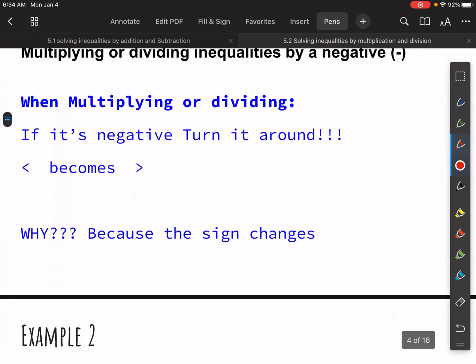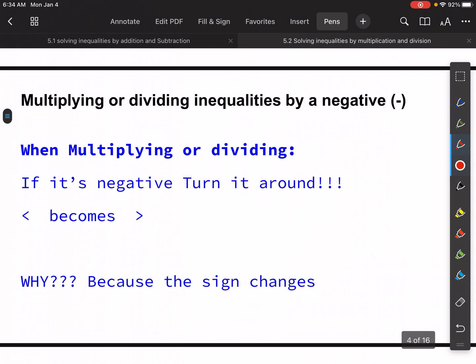Okay, the reason for that is that the sign changes, and if you think about the number line, this is the thing that makes the most sense. Here's 0, here's -2, here's -10.